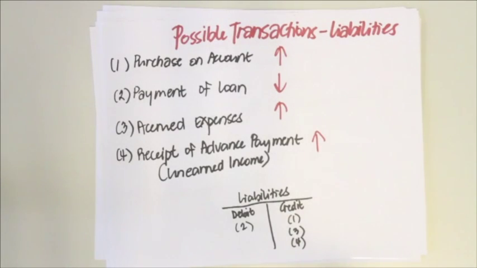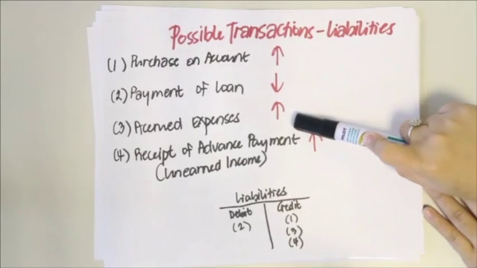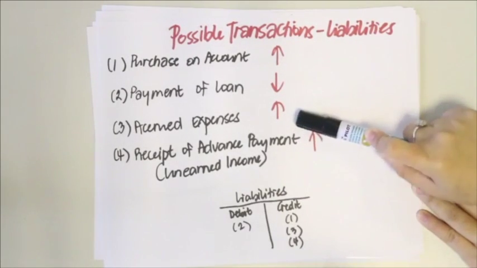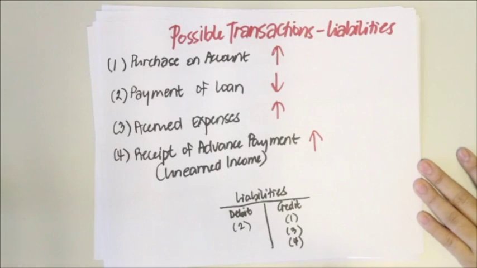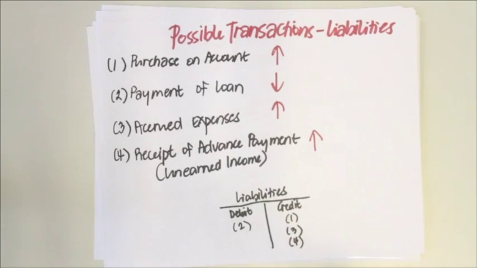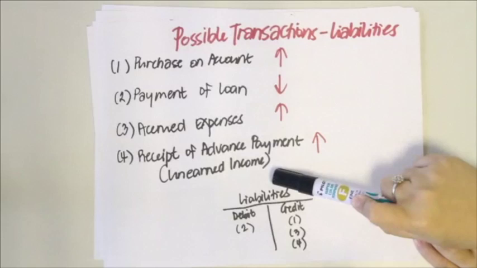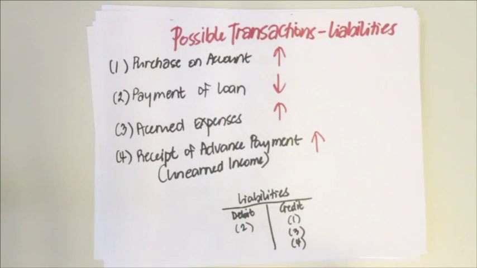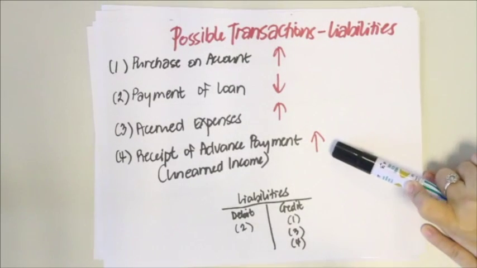Third is accrual of expenses. You're incurring expenses without paying for them, so in turn, you have a liability to pay for them, causing an increase in your liabilities. And then lastly, we have the receipt of advance payment, or in other words, unearned income. Again, this is a liability and therefore would cause an increase.